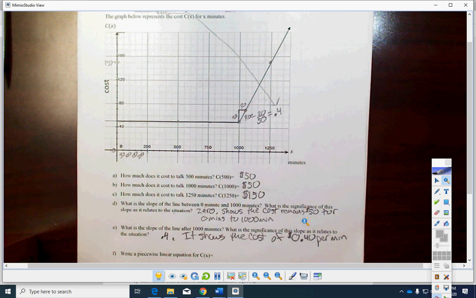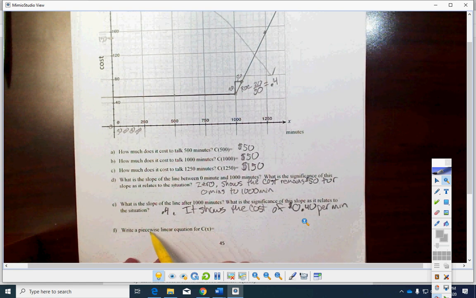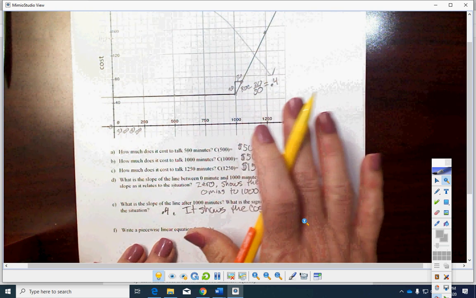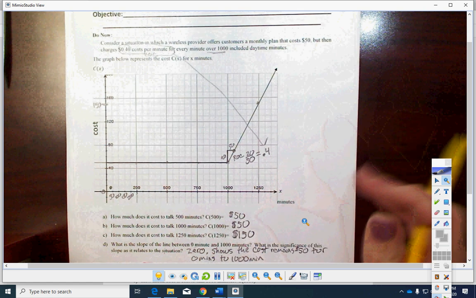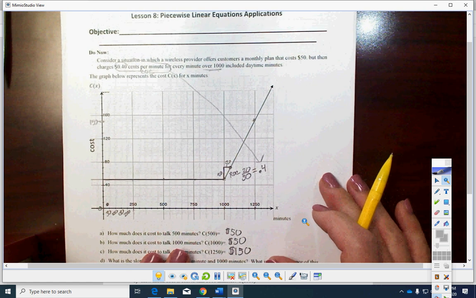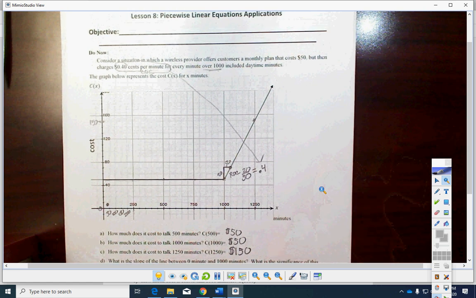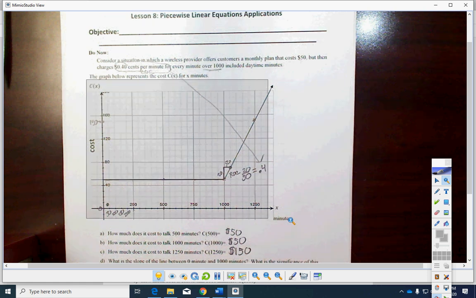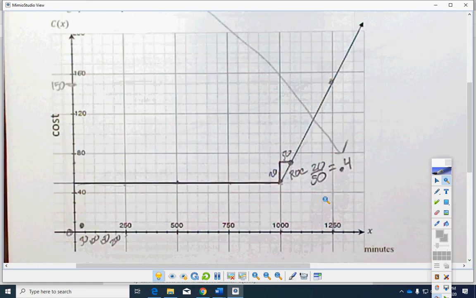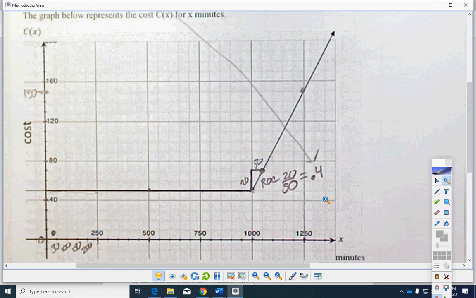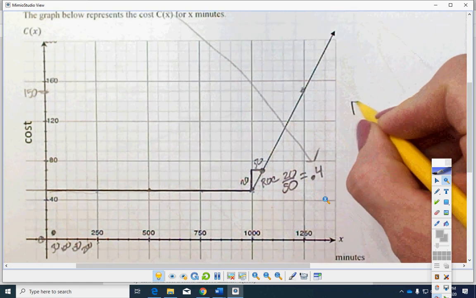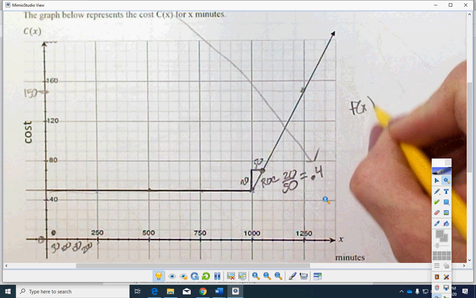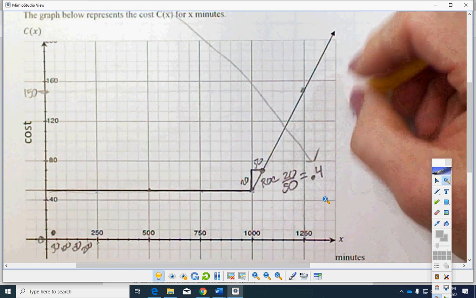And then the last thing is the hardest, right? The piecewise linear equation. Just so that I can zoom in better, I'm going to be writing my equation up here so that I could show you some work and zoom in on my graph. So there's only 2 pieces. Oh, this is C of x's function.